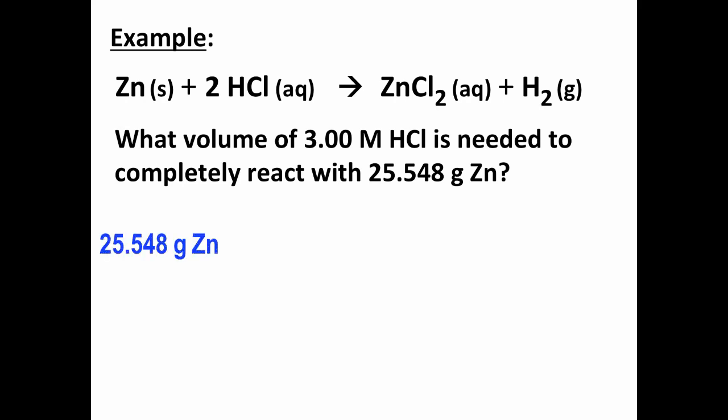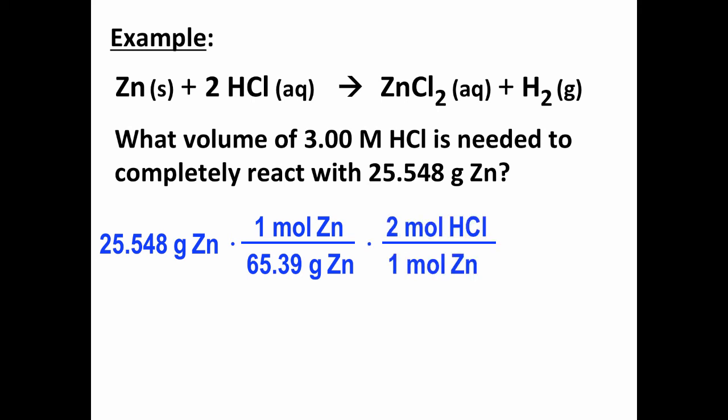So we start with what we have, 25.548 grams of zinc. We need to convert that to moles, and 1 mole of zinc is 65.39 grams. And then from the stoichiometry of the reaction, we know that for every 1 mole of zinc, it requires 2 moles of HCl. And then we're going to have to use our molarity to convert from moles of HCl to liters of HCl solution.